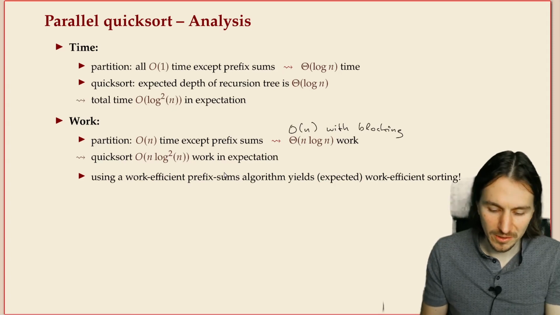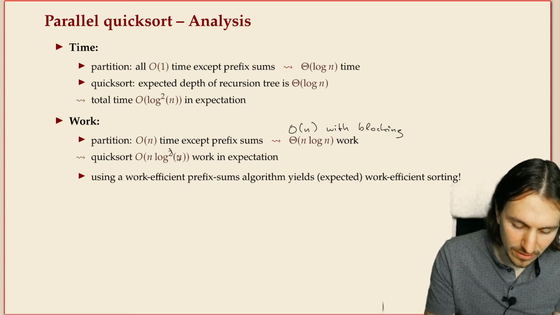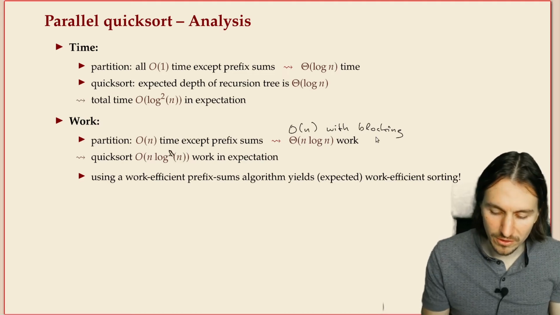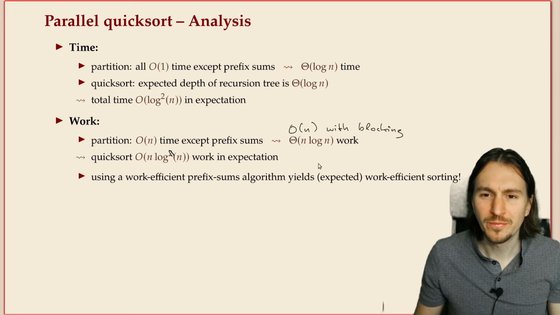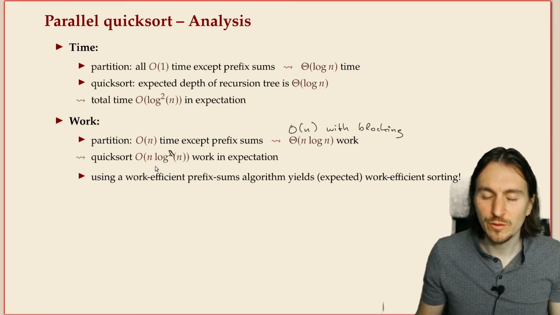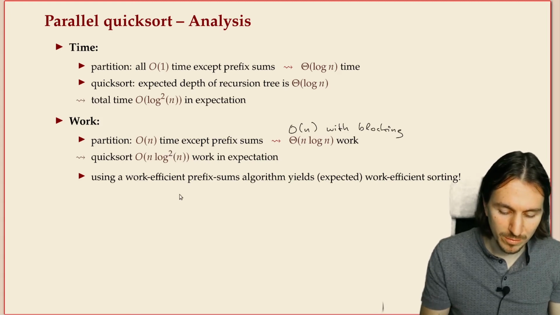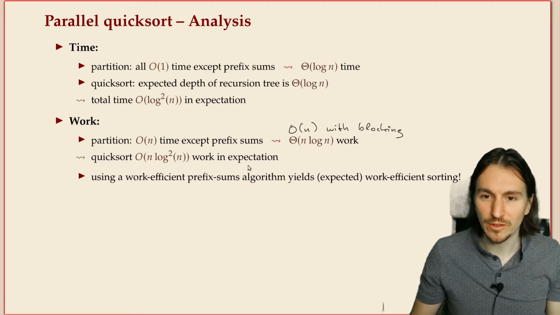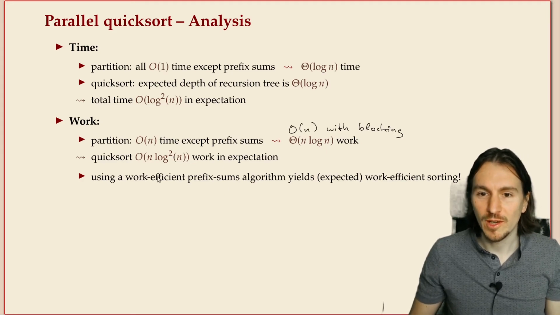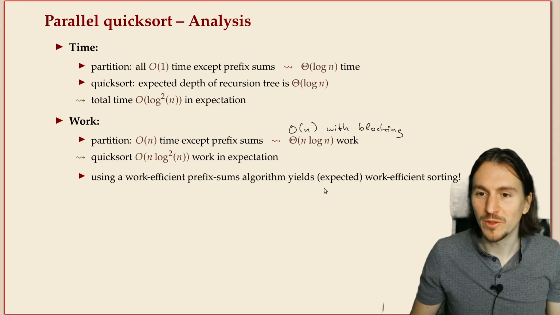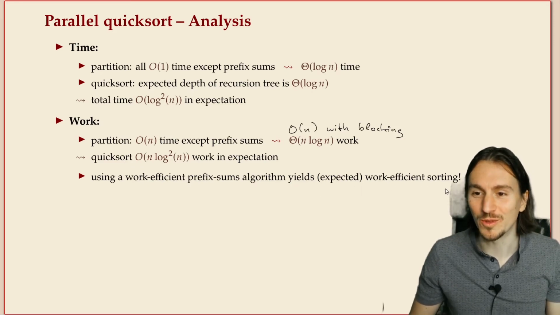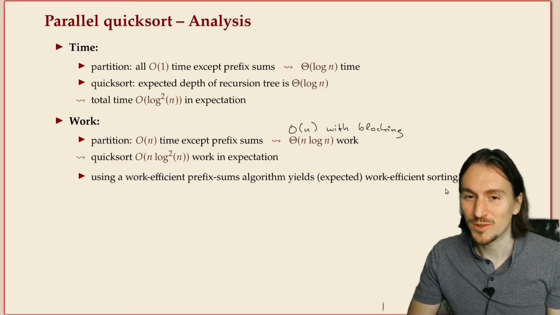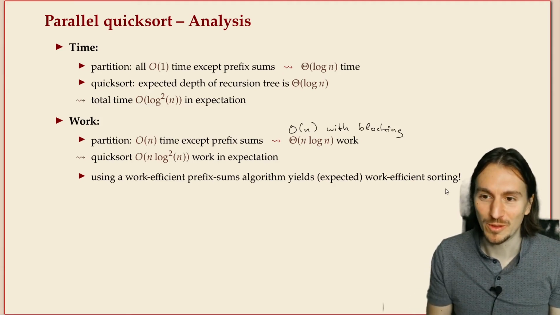And so we could essentially slash off the power of the 2 here if we want to use the blocking version. So we can achieve n log n time. The comment is below here, so I'll just leave it as it is. With the simple prefix sums, you get n log squared n work in expectation. With the work efficient prefix sum, you get expected work efficient sorting. N log n is best possible because we're still in the comparison model. You remember the lower bounds.